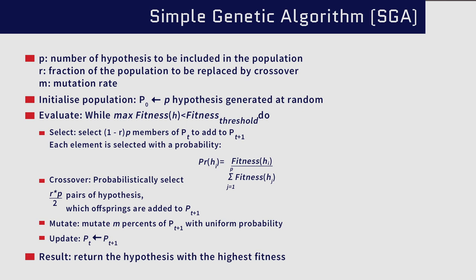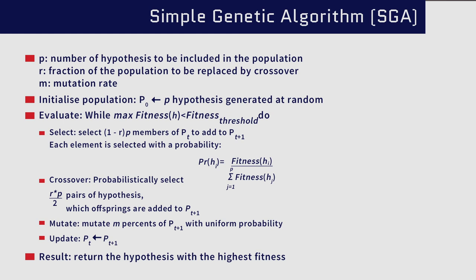These 1 minus R times P are all selected from the current population using a probability distribution proportional to their fitness. This probability of selecting a particular hypothesis, P of h, is proportional to the fitness of the hypothesis with regard to the total fitness of the population, hence the ratio here between the fitness of the individual and the sum of the fitness of all the individuals.